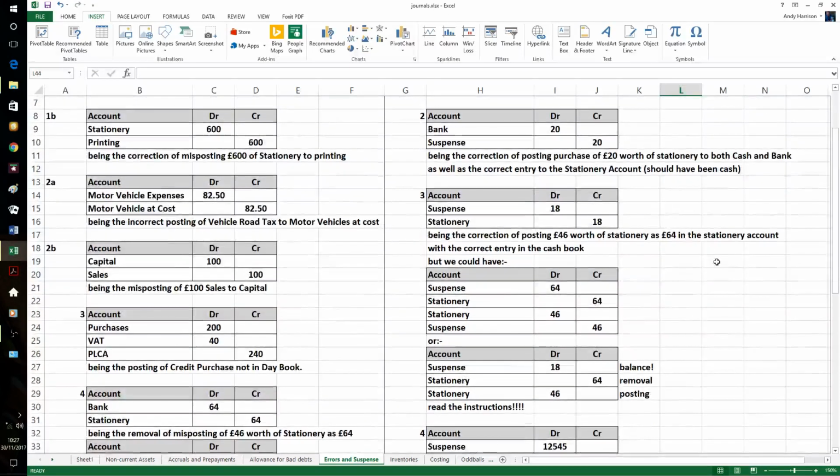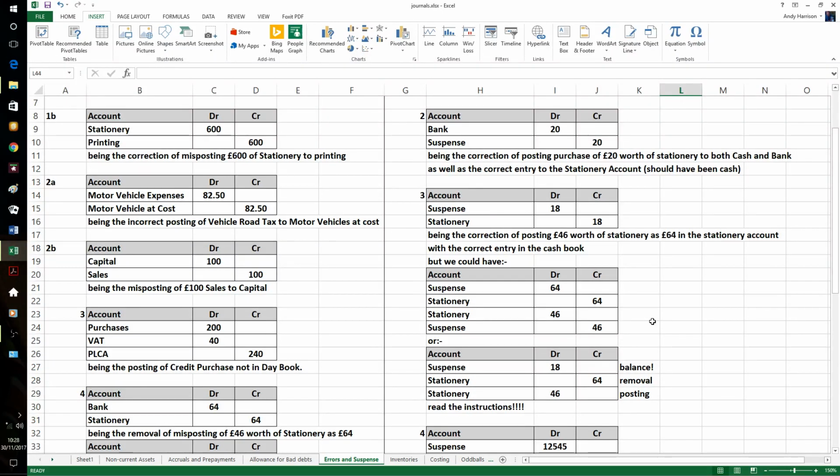This one then, different ways of doing the same correction. Read the instructions, read what you're actually supposed to do, have a look at how many rows you've got. You'll notice there's 2, 3 and 4 row versions. So what we've actually done, we've put in £46 worth of stationery, £64 in the stationery account, correct entry in the cash book, so that's fine.